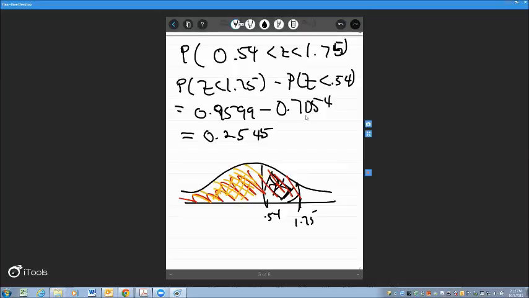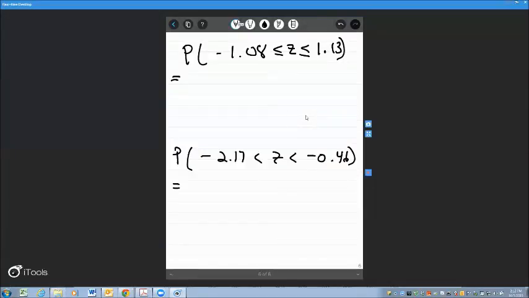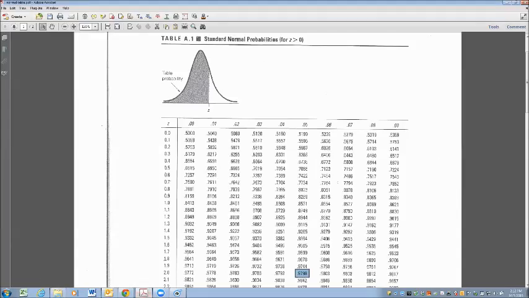So let's take another example like that. Being between minus 1.08 and 1.13. Again, because I'm looking between two, I'm going to take the probability of being less than the bigger one minus being less than the smaller one. I would go to my table and look up 1.13, which gives me 0.8708.